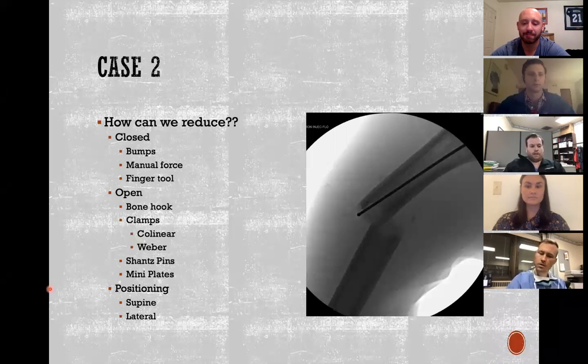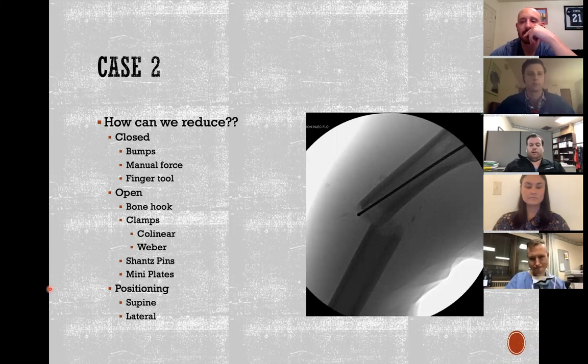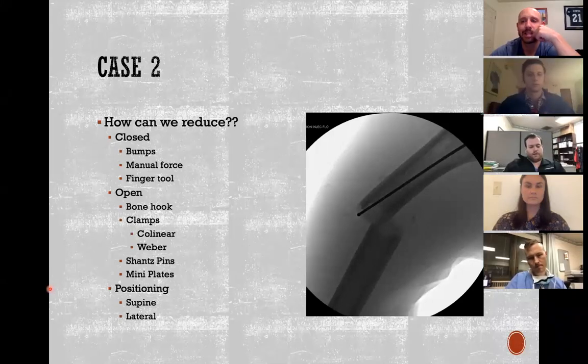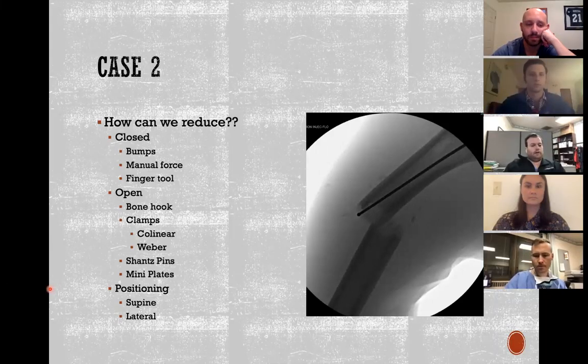Again, at the bottom, you can see that you do have different positions for fixing this fracture. You can see people do it supine, and additionally within supine, you can be doing it on a fracture table, which will pull traction for you. But again, then the leg is suspended, and you have different deforming forces versus supine on a flat table, where you'll need multiple assistants to help reduce the fracture.